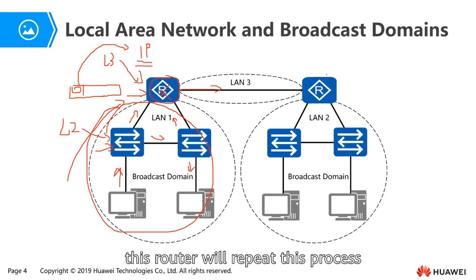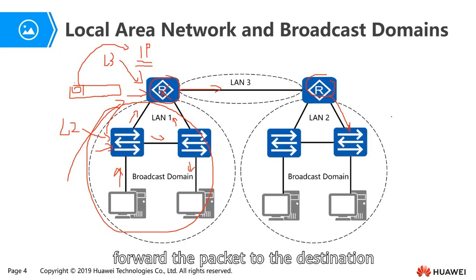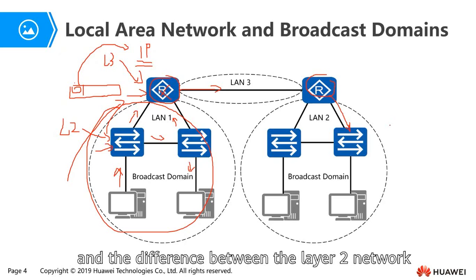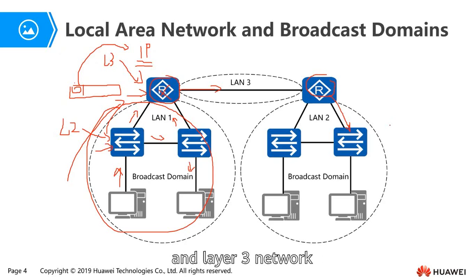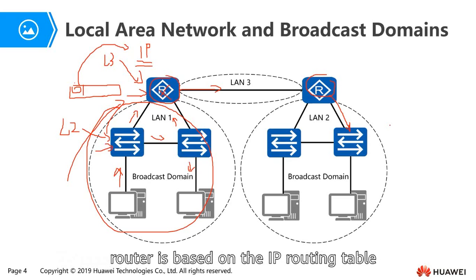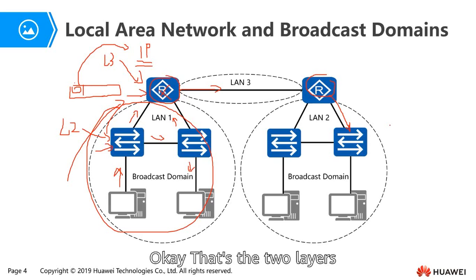Of course, each router will repeat this process and forward the packet to the destination. This is the concept of routing, and the difference between the layer 2 network and the layer 3 network. The switch is a layer 2 device and the router is a layer 3 device. The switch is based on the MAC address table and the router is based on the IP routing table.